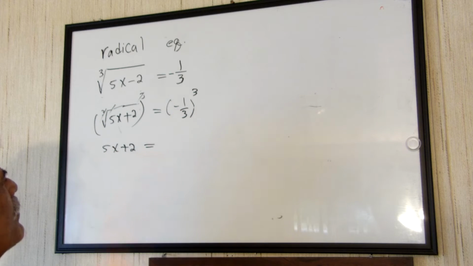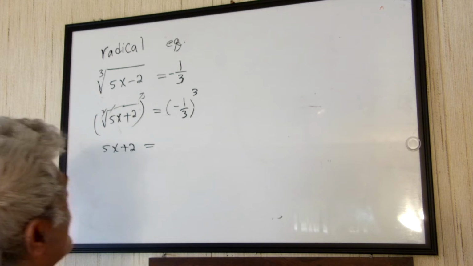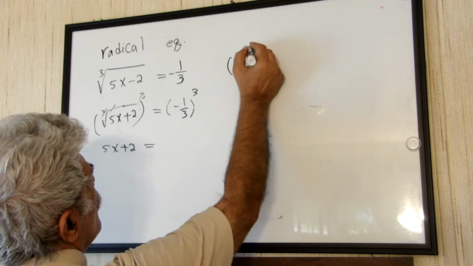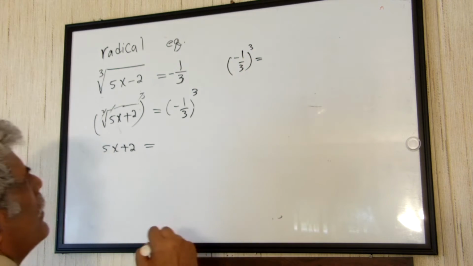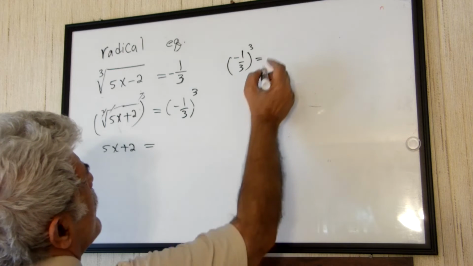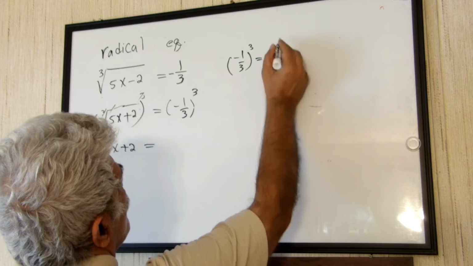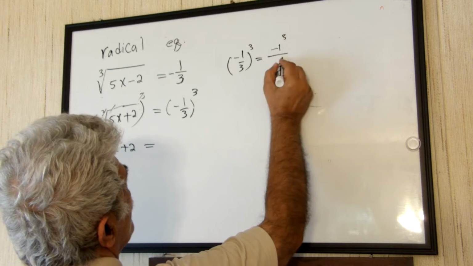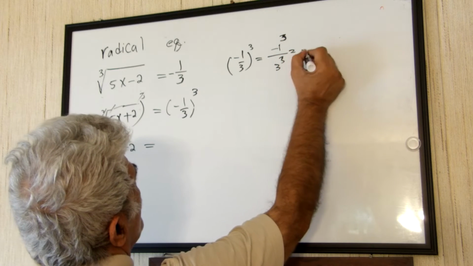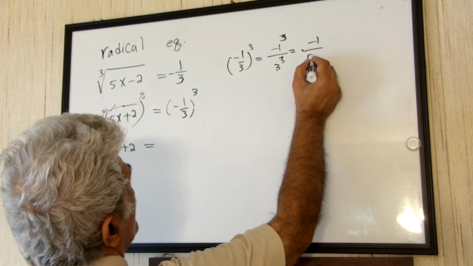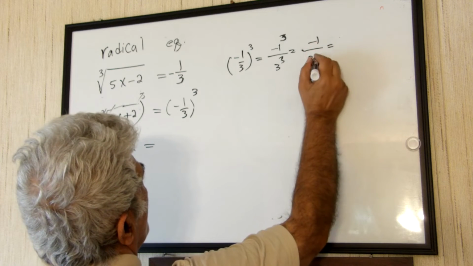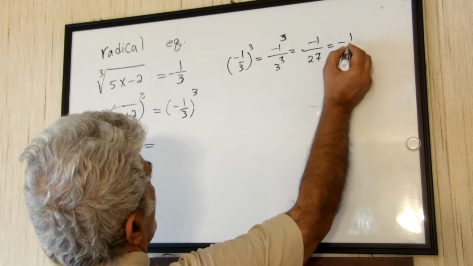And what about this? What is minus 1 over 3 to the power of 3 equal to? We can do it many ways. We say minus 1 to the power of 3, 3 to the power of 3. It's going to be minus 1, and it's going to be 9, no, it's going to be 27.